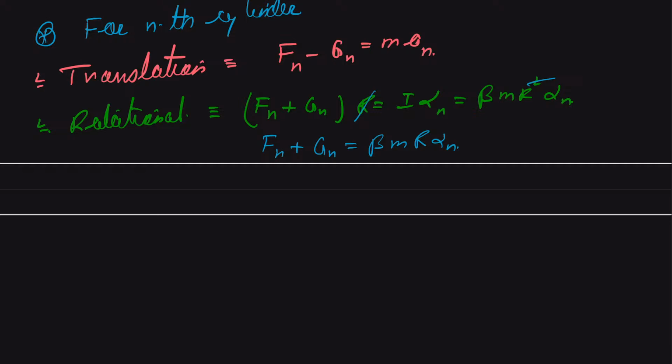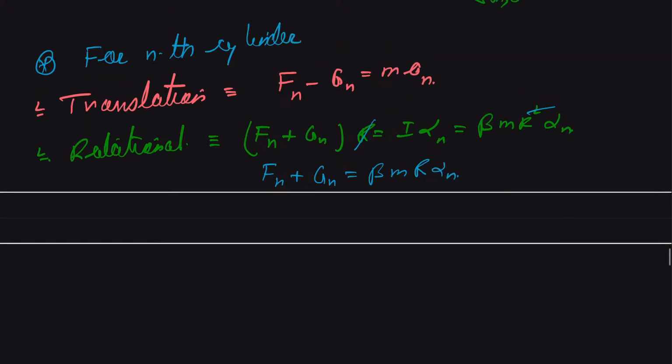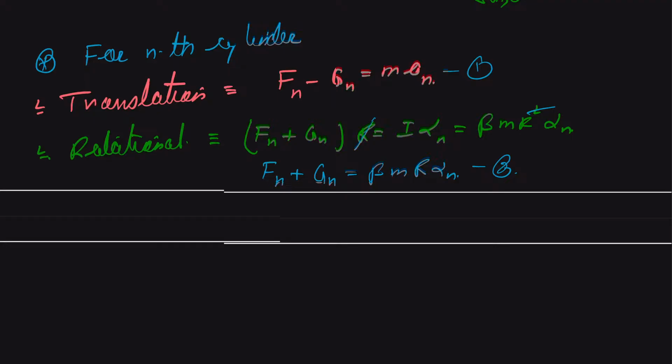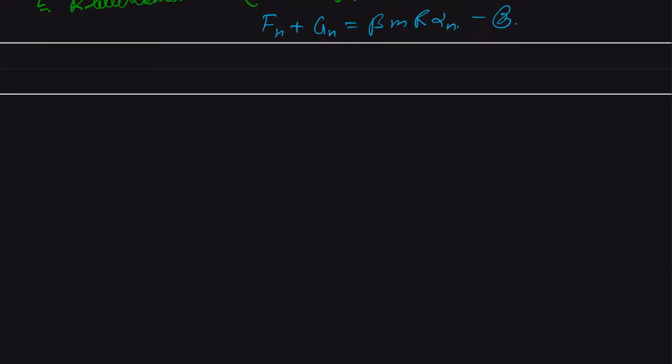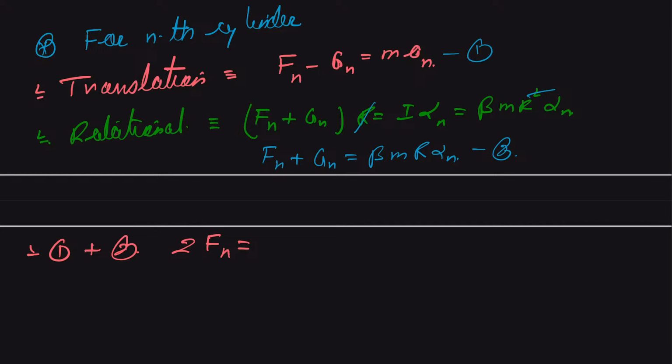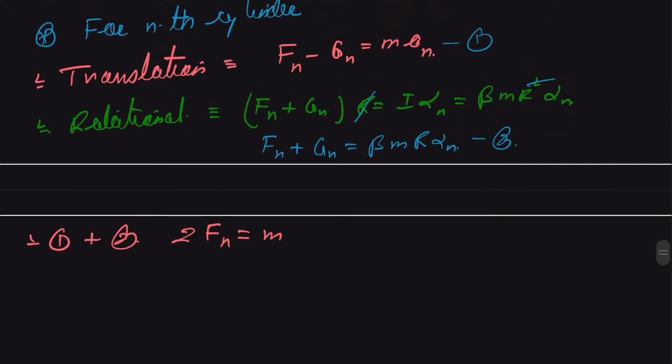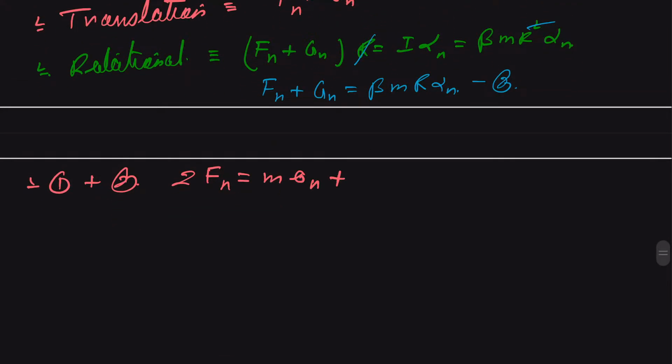Okay. And let us call this our equation number 1 and this equation number 2. So from equations 1 and 2 we can find out our F of n as well as G of n. If we add them, 1 plus 2, G of n is going to cancel out. So 1 plus 2 will be giving us 2F of n, and that will be our m a of n plus beta m r alpha of n.